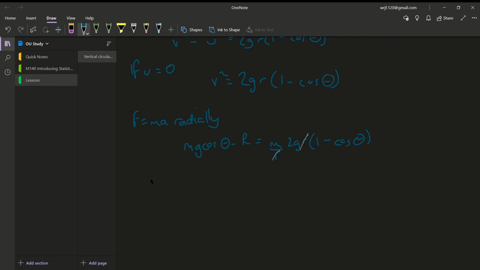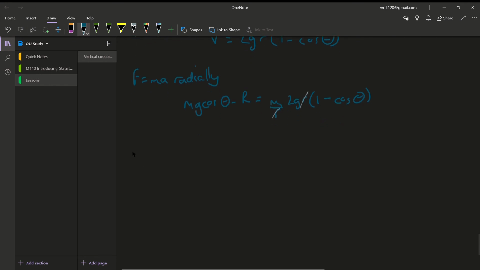So we're interested in finding out where the particle leaves this circular path. So that's going to happen, I said, when the normal reaction is equal to 0.